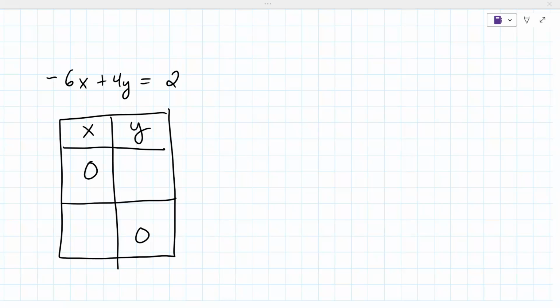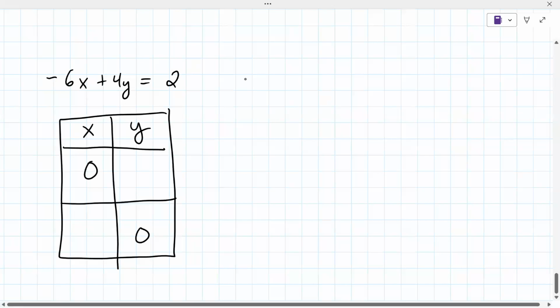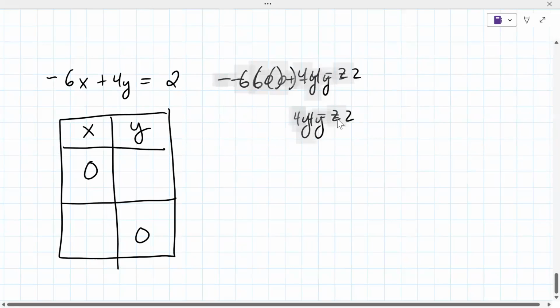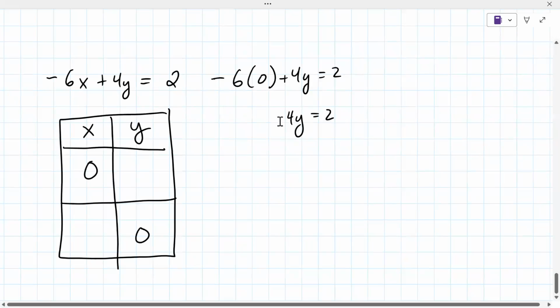Would y equal 2 and x equal -12? So I'm going to set both of these up for you here. For the first one, it's -6 times 0 plus 4y equals 2. It's 4y equals 2. What's the next thing to do to solve for y? How do you undo the 4?